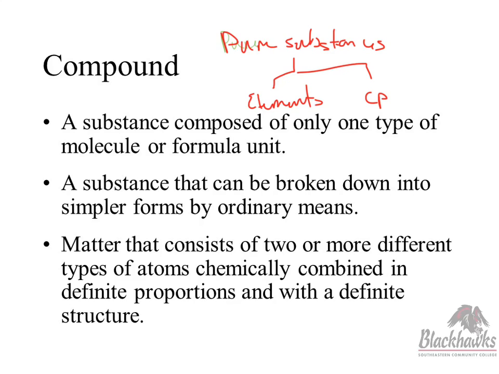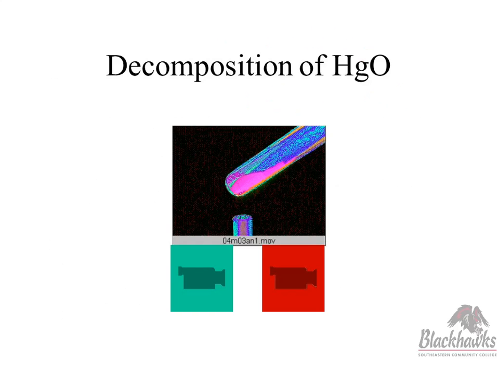I abbreviate compounds CPD, and you can go back and forth with some sort of chemical reaction. I abbreviate chemical reaction CHM165. So that's to say that elements can be assembled via chemical reaction to make a compound, and a compound can be broken down into atoms of its assorted elements via another chemical reaction.